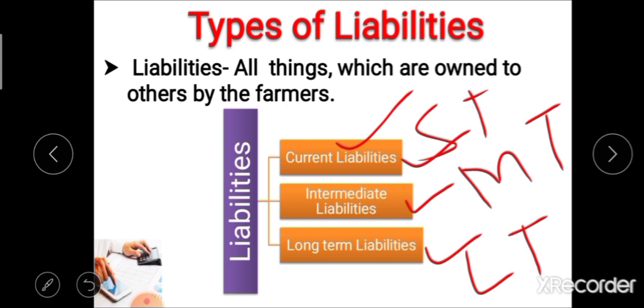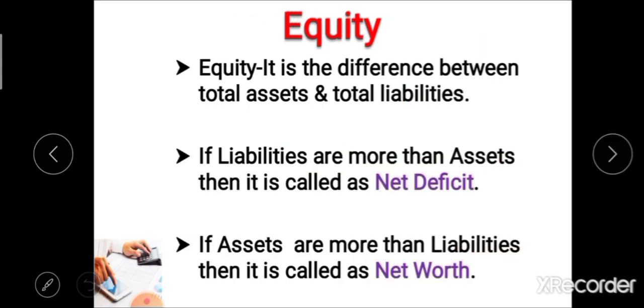After liability, the next component is equity. The definition of equity: the difference between total assets and total liability is known as equity. So total assets minus total liability is equal to equity. If the liabilities are more than assets, that means equity is negative, and we call it a net deficit.